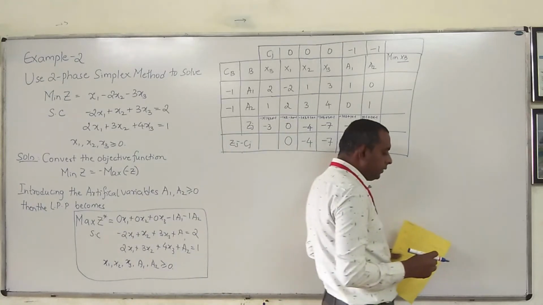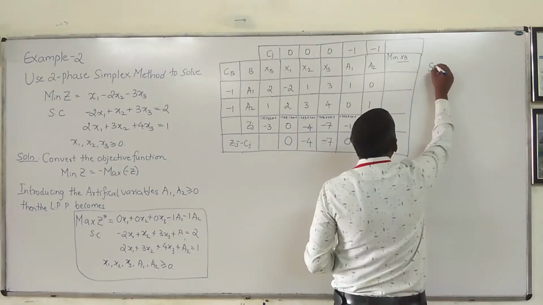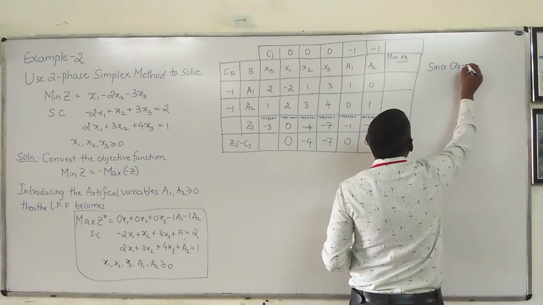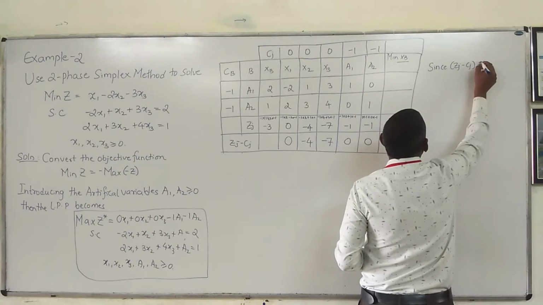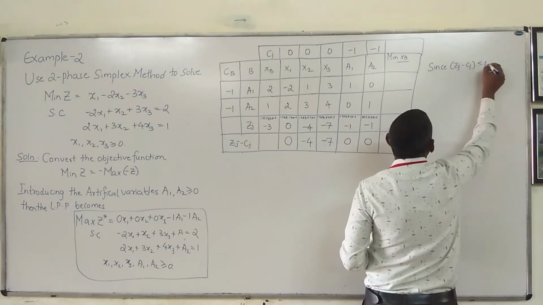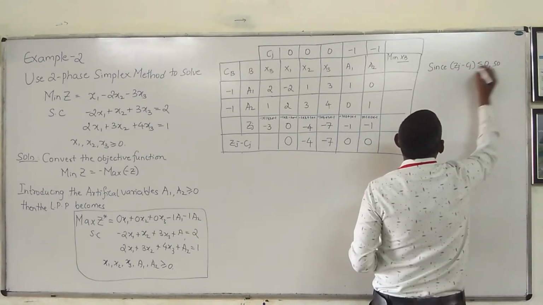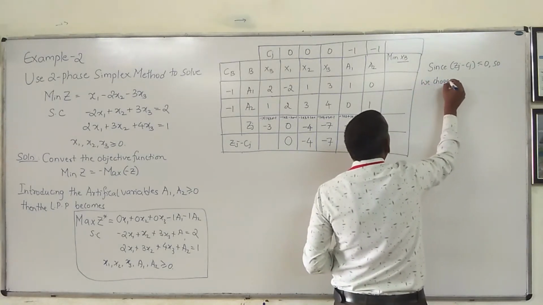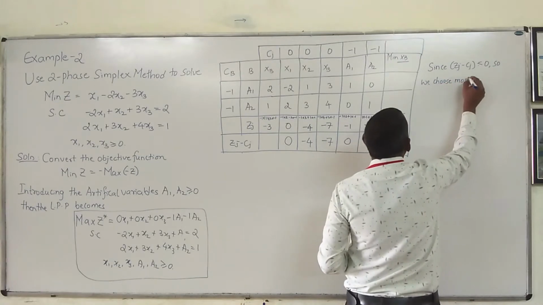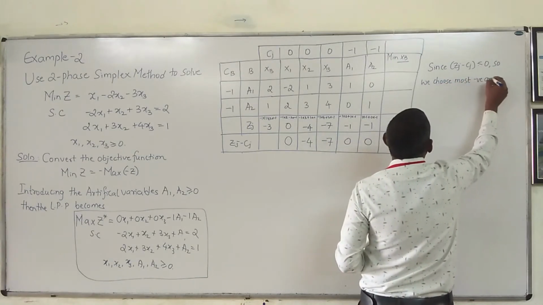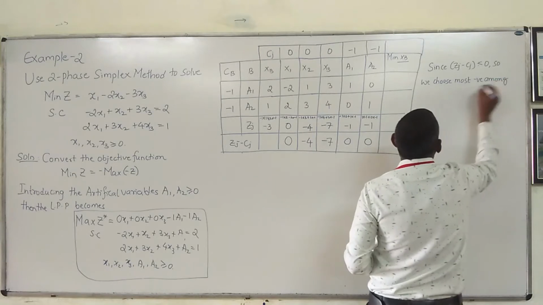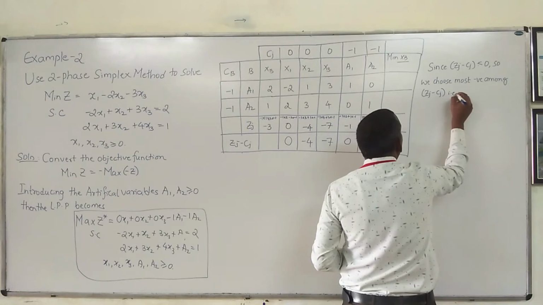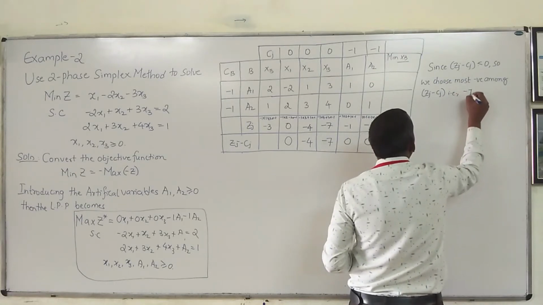So here what happens? Since Zj minus Cj is less than 0, we choose the most negative among Zj minus Cj, that is minus 7.